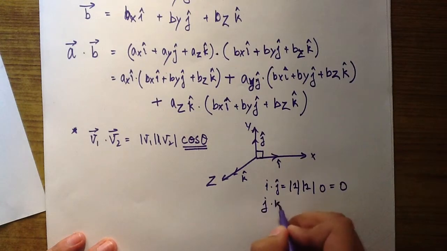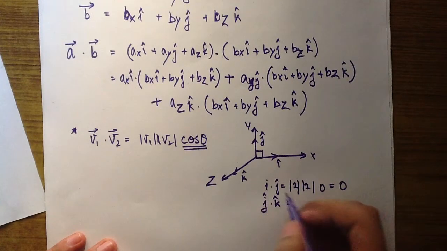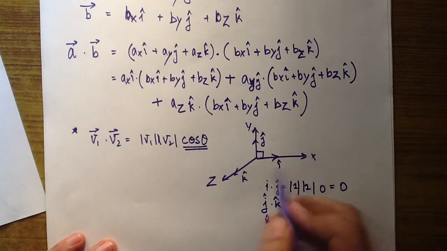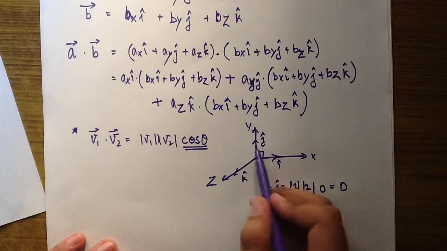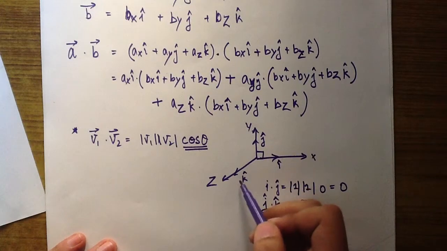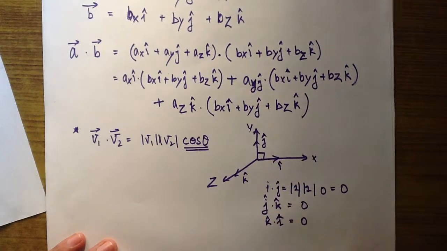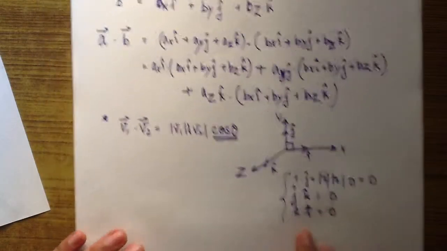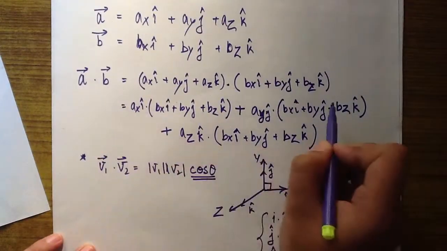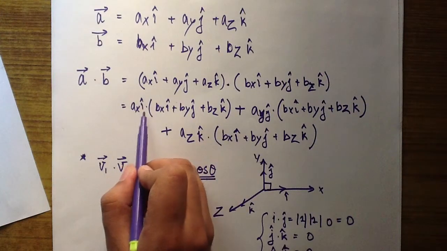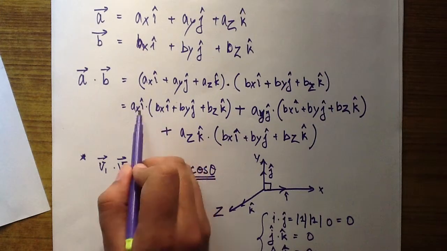Similarly, j dot k is 0, and k dot i is again 0. So if I take the dot product of any of these vectors with either of the other two, I get a 0. So using this property, I can expand this and say it is ax bx times i dot i.